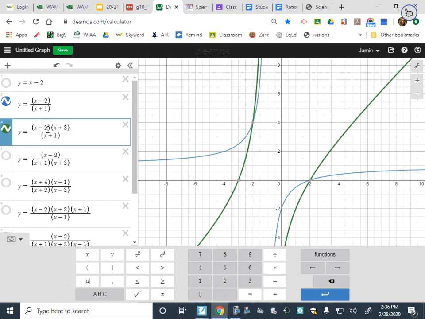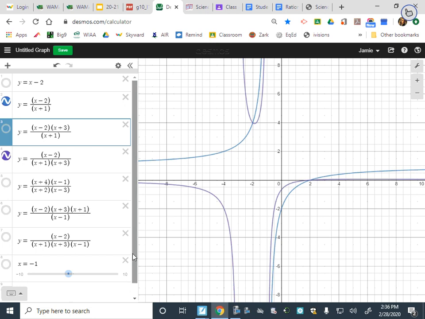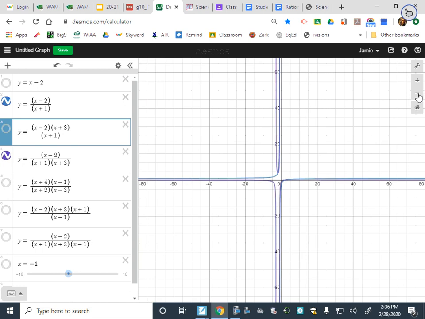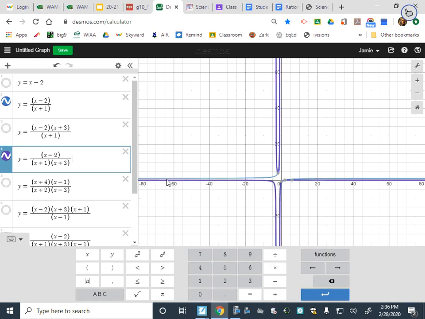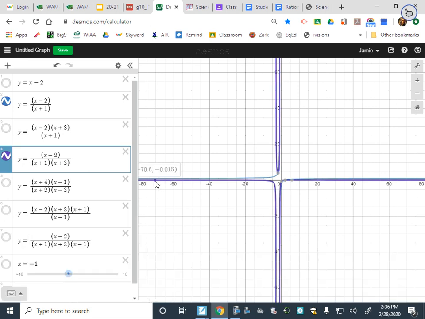If I had taken that extra piece and instead put it in the denominator, then I get something very different looking from the blue one that we had originally. If I zoom out here, this now has apparently a horizontal asymptote again, but the horizontal asymptote this time is below the x-axis out here, getting closer and closer to 0, not to 1.